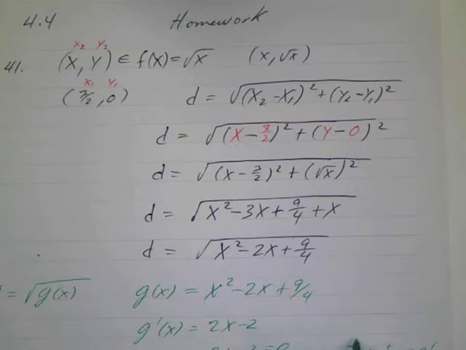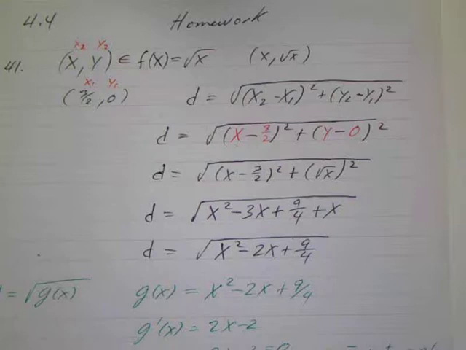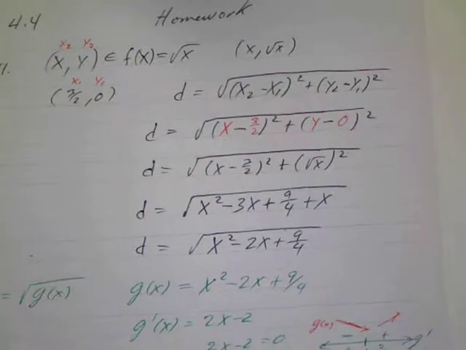So it looks like the radicand, g of x, goes negative, positive, so it looks like this is going to be the minimum at x equals 1.